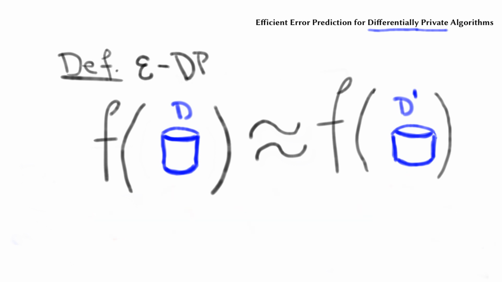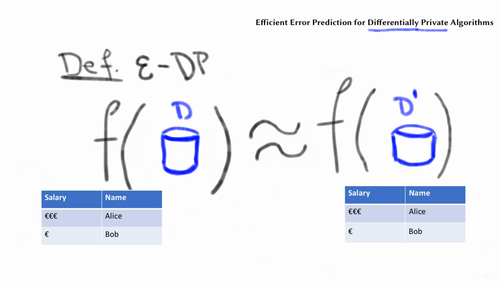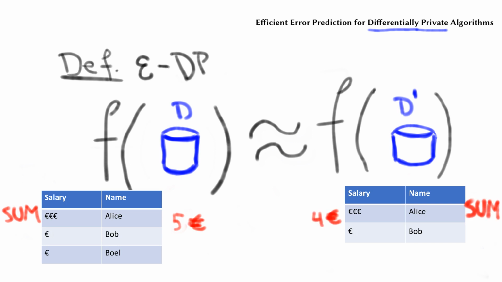To exemplify, let's look at the content of the databases I showed earlier again. Now, if we run our sum query f on the left database, we get 6 units. And if we also run our query f on the right database, we get 4 units. How can we make these results appear similar or indistinguishable, if you will?